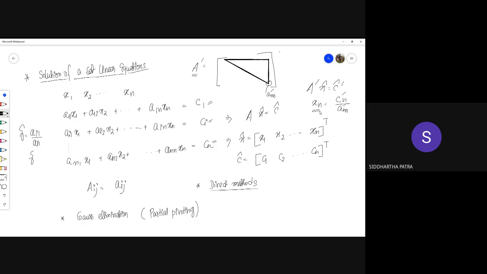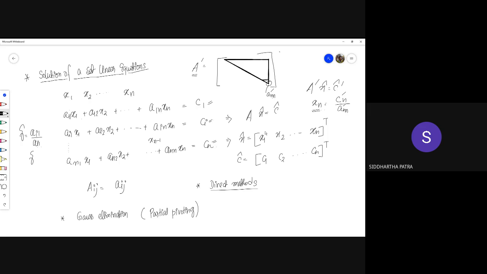After that you would substitute the value of that nth variable in the equation immediately above it, which now would have only two non-zero coefficients. So you would substitute this value, and then we can evaluate xn minus 1, and this will proceed. How long will it proceed? We will use a bottom-up approach, from the bottommost equation to the topmost equation, evaluating all the variables one by one.